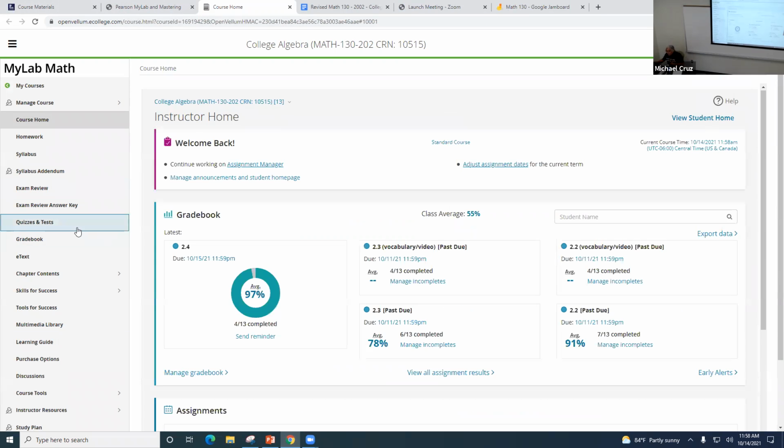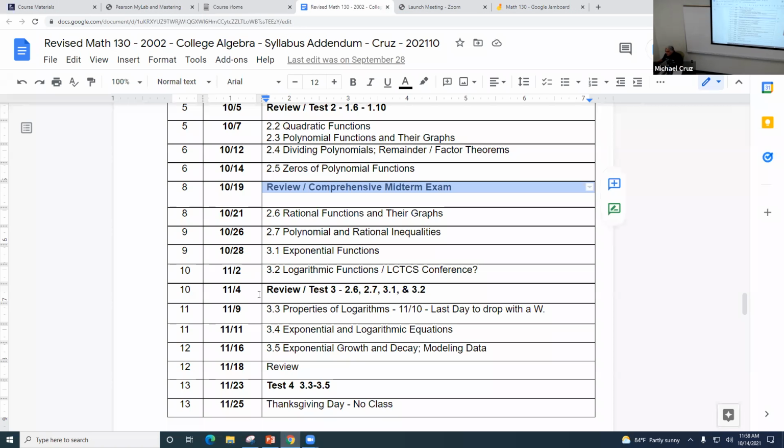We want to be free and clear on the 21st to start new stuff, because we've got a lot to do here. I'm also finding out that they still have that conference, so I'm going to have to make allowance for that. I'm not exactly sure. I thought it was the 4th.